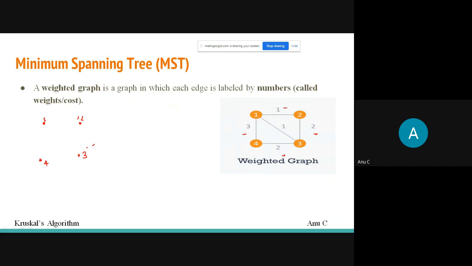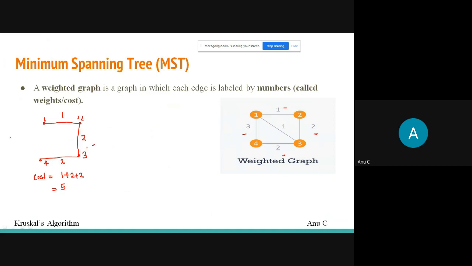So I am selecting this edge from this graph and this one and this. Then its weight is 1 and this weight is 2 and this weight is 2, right? Then what is the cost of this spanning tree? Cost equal to 1 plus 2 plus 2, which is equal to 5.